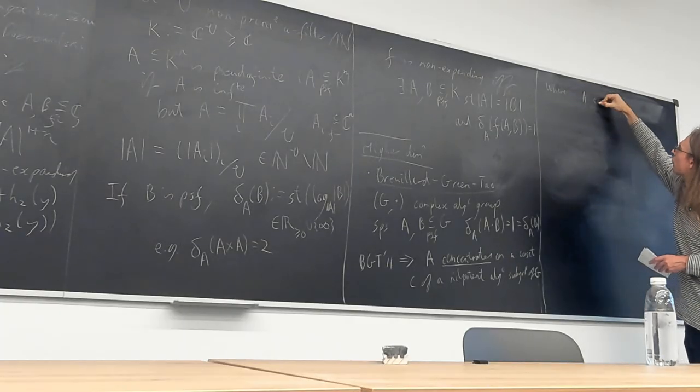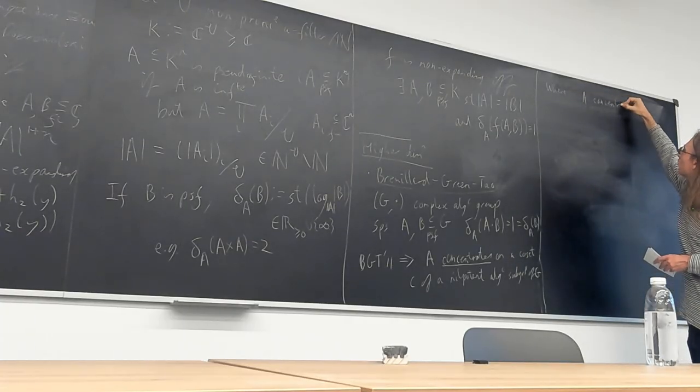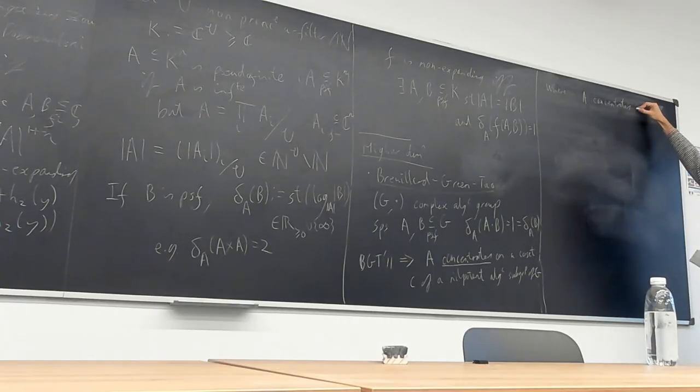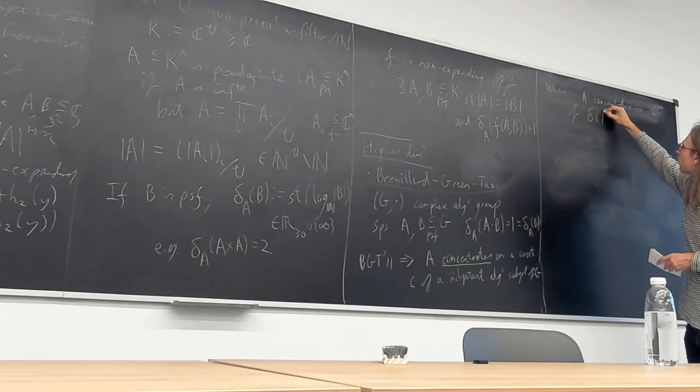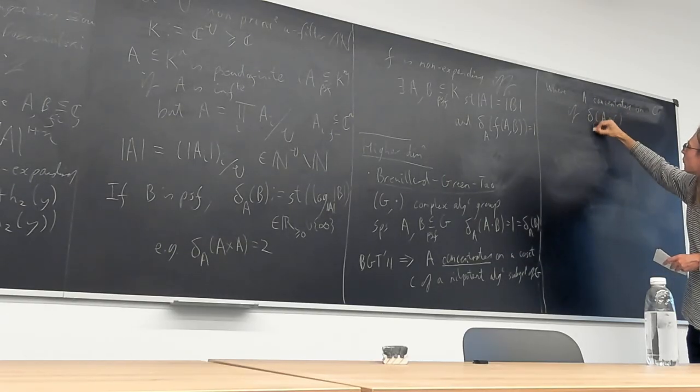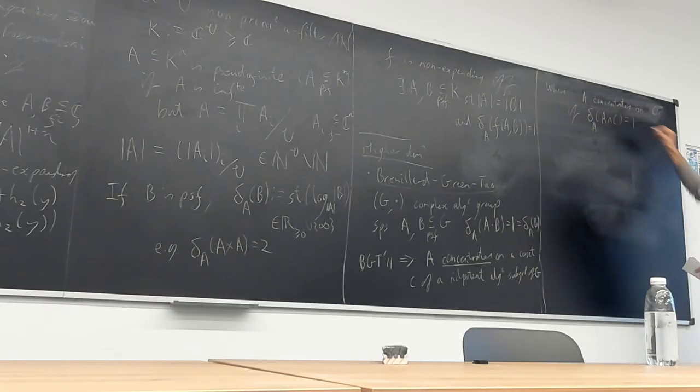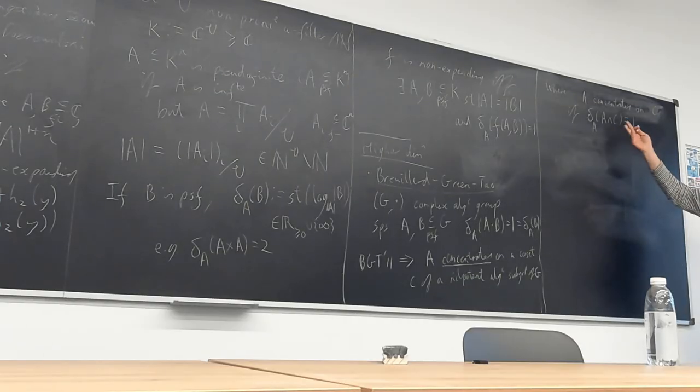I'll say that A concentrates on a constructible set in general, but here it concentrates on C. It just means that we haven't lost anything if we restrict to C as far as this is concerned. So as far as delta is concerned, delta of A intersect C with respect to A is 1. So it has large intersection with C in this sense.